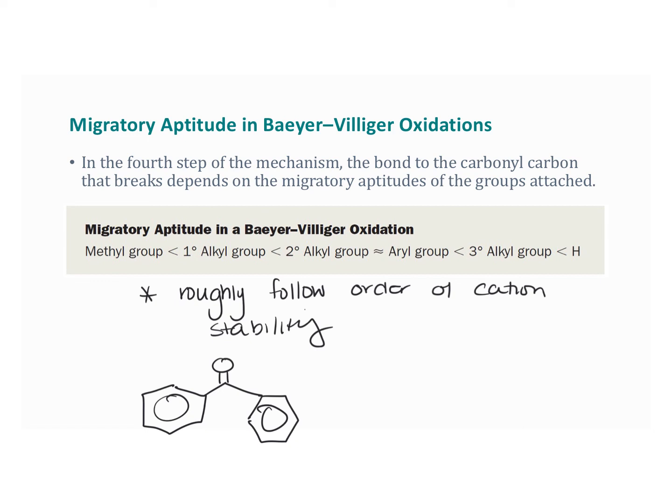So if the groups bonded to the carbonyl carbon are different and it's unsymmetric, that's when you're going to see the major product depend on this migratory aptitude. And that migratory aptitude, again, is just the ease of where we see that group moving. But it's going to be a really big deal when we see things that are not symmetric.